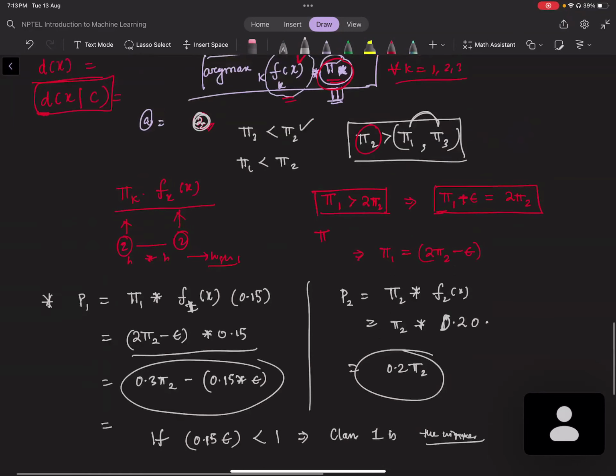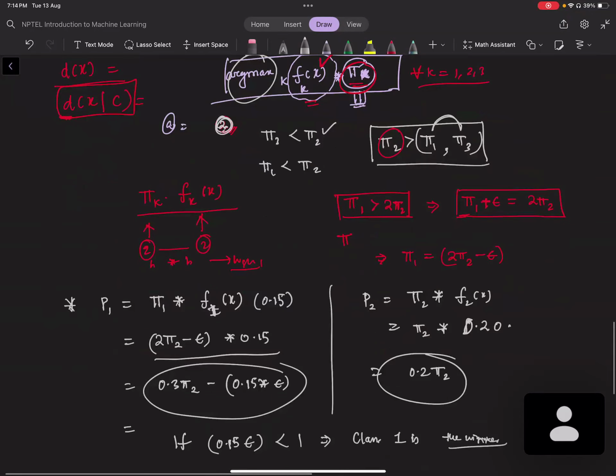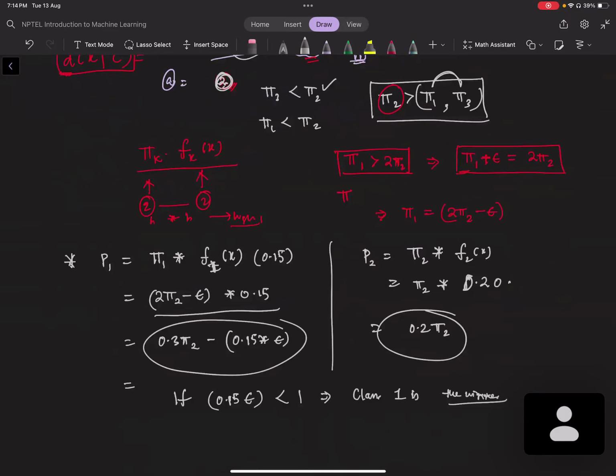Winner means the argmax, so class 1 will have the highest probability, and the answer will be class 1. I can choose a very small value of epsilon, like 0.01, and it will be like 0.0015, and it will easily satisfy this.